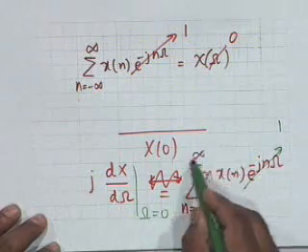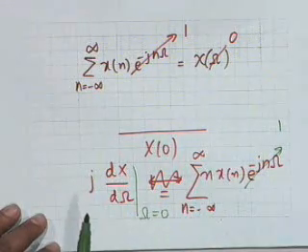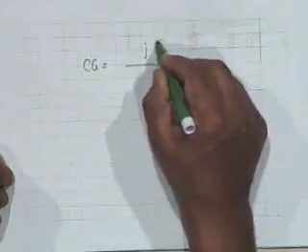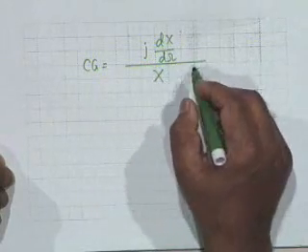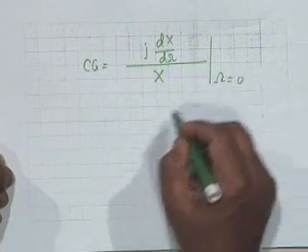Therefore the summation of n x n is simply j dX/d omega at omega equal to 0. Therefore the CG becomes equal to j dX/d omega divided by X, the whole quantity evaluated at omega equal to 0.